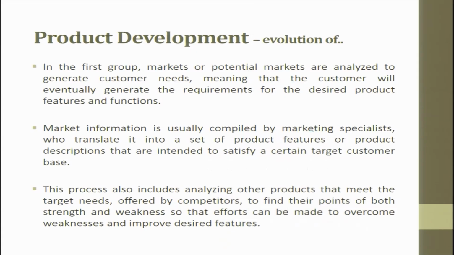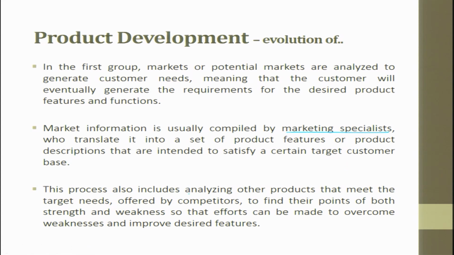But for market information, there are specialists available. These specialists try to identify, and then they try to convert the customer voice into a spec, and then they give it as an input to the engineering design.